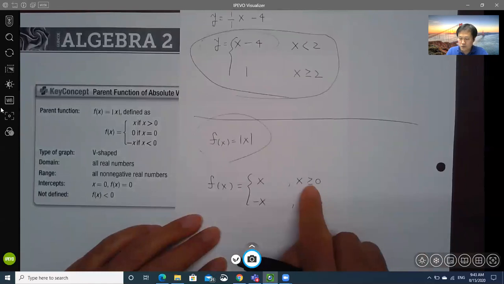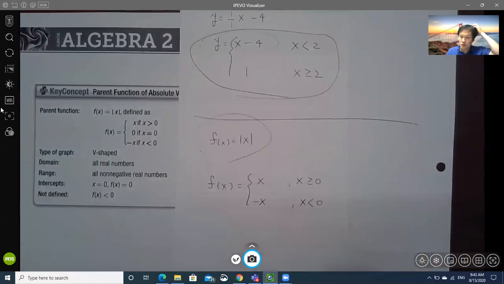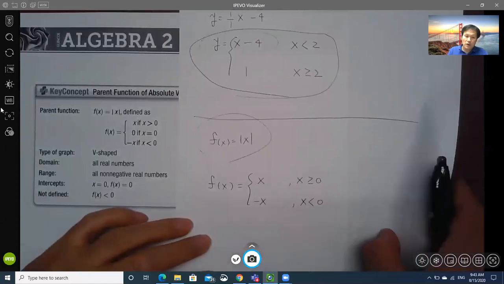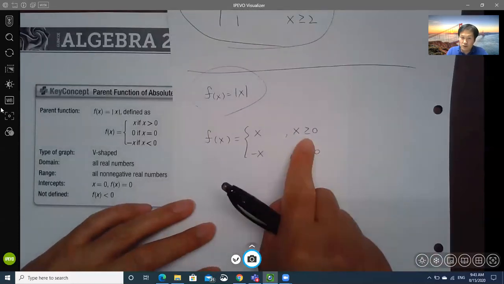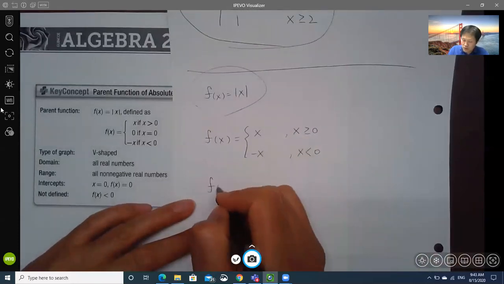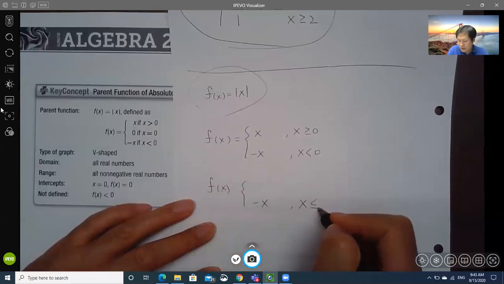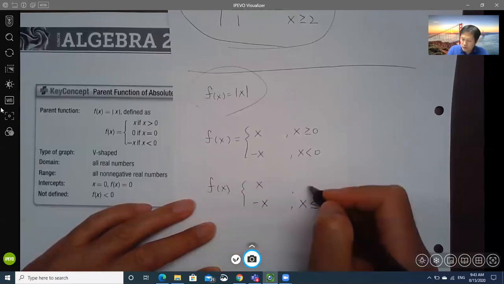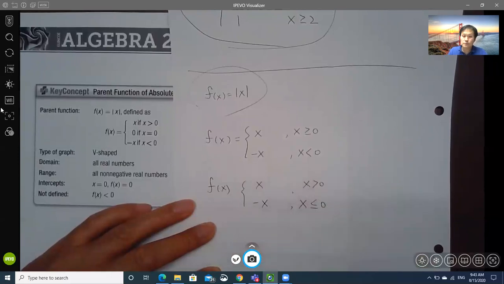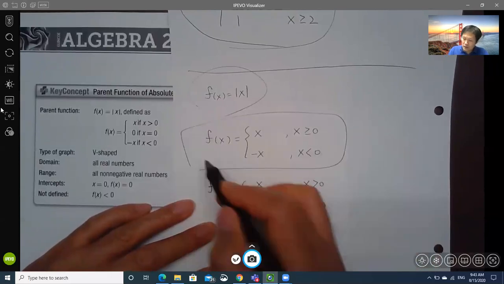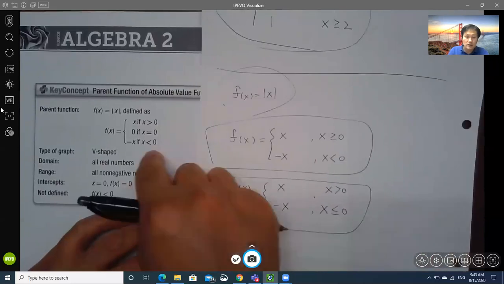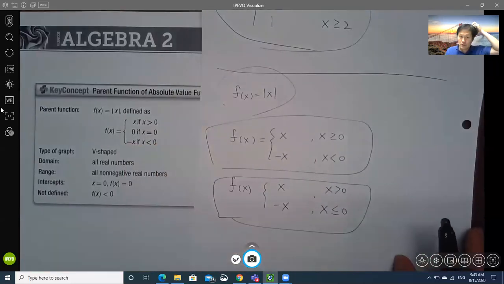They can attach 0 to either here or here. Well, you might say, why did you attach the equal to 0 here? Can you attach x equal to 0 to minus x? Yes, you can do that, x is less than or equal to 0 here, and x is greater than 0 here. That's okay.